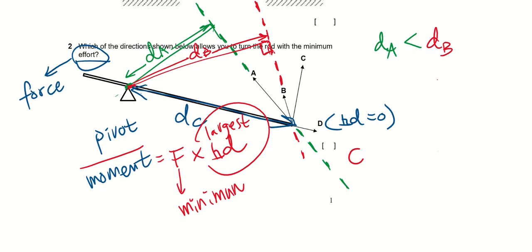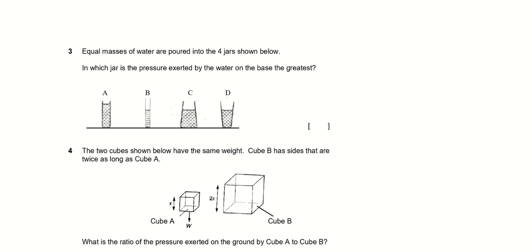Alright. Okay, question 3. Equal masses of water are poured into 4 jars. In which jar will the pressure exerted by the water on the base be the greatest? This is trying to look like a liquid pressure question, but actually we should go back to the basic, which is pressure equals force over area.